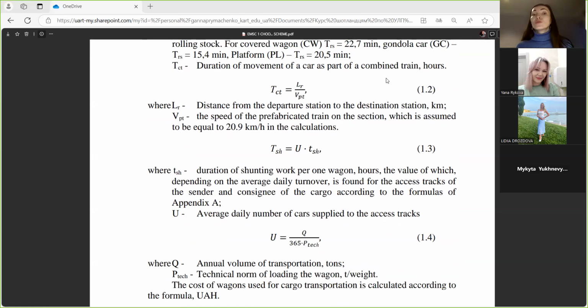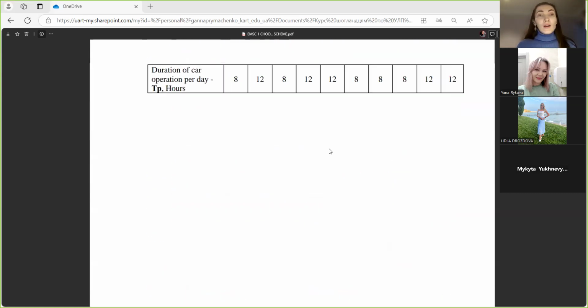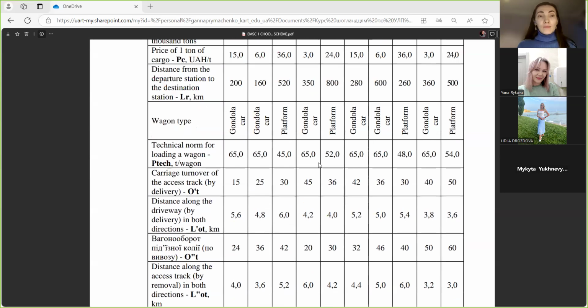We write in our paper or in our electronic document that T with index CT is equal to, and in our numerator we write L with index R. It is the distance from the departure station to the destination station in kilometers. We find these parameters in our table 1.1. Find the distance for your cargo delivery.